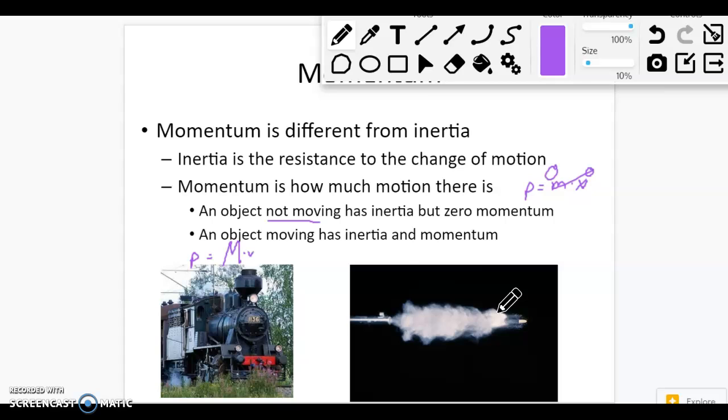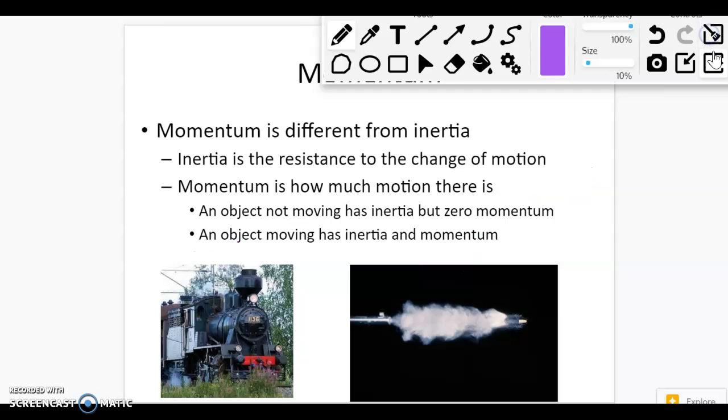And this bullet has a really small mass compared to the train, but it's also moving very fast. If you think of how much momentum they carry with them, and how much it would take to stop these two things, it could be about the same depending on how big this train is. But that's kind of the gist of it.